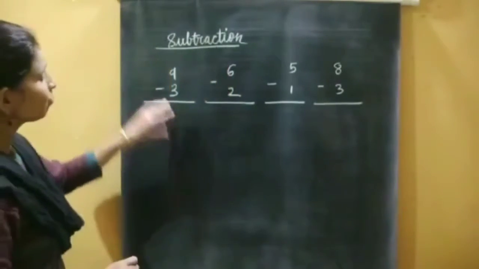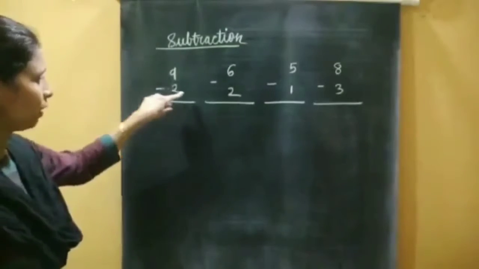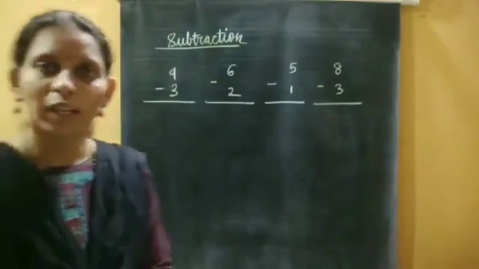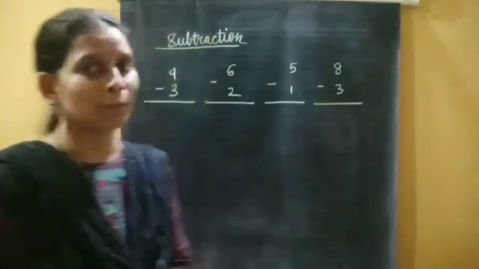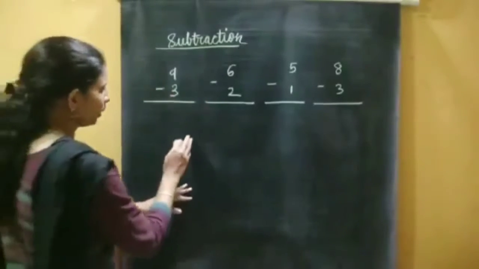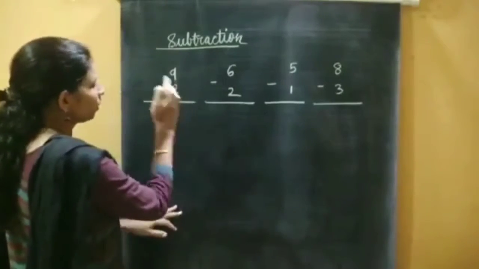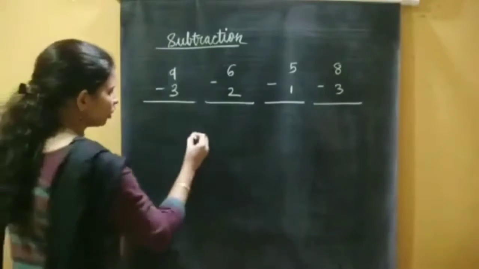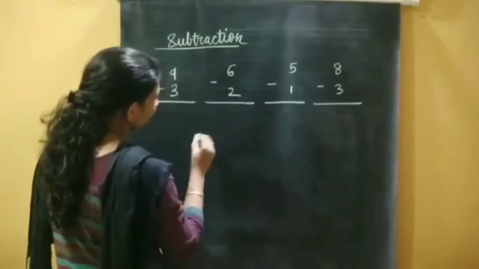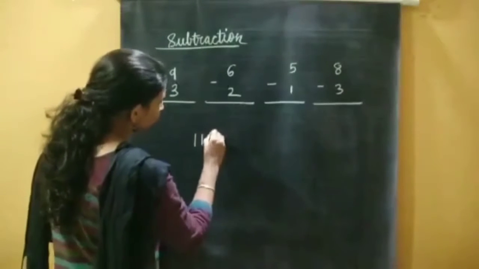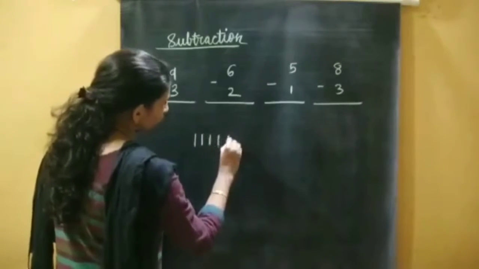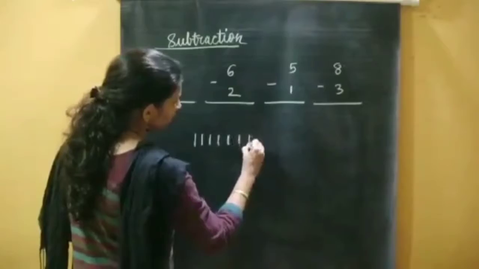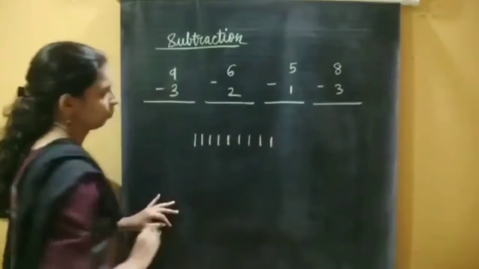So students, see, the first example is 9 minus 3. So there are 2 methods of subtraction. The first method: 9 minus 3 means we have to remove 3 from 9. So just draw 9 lines. 1, 2, 3, 4, 5, 6, 7, 8 and 9.